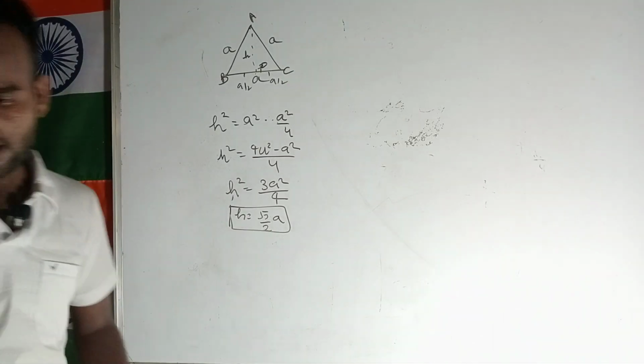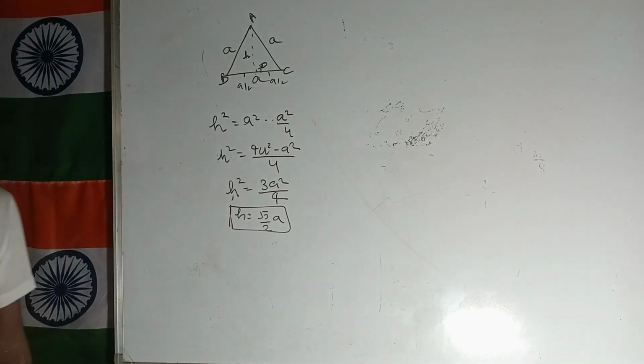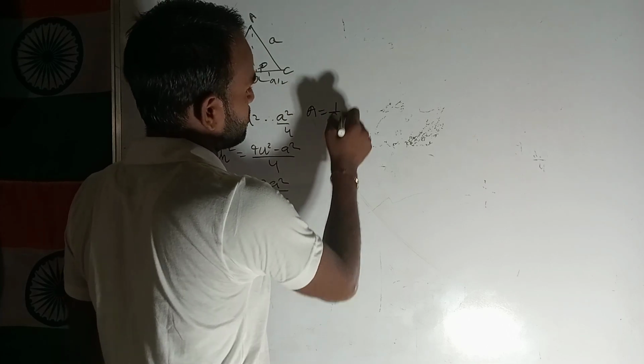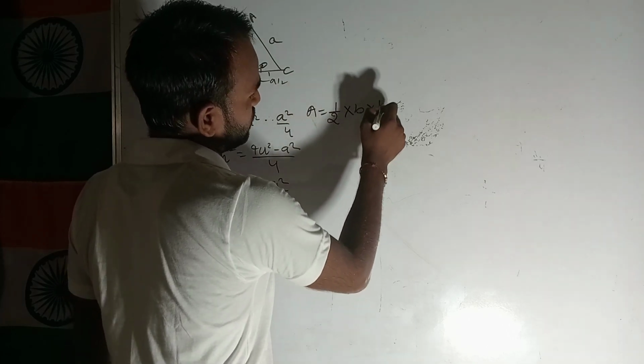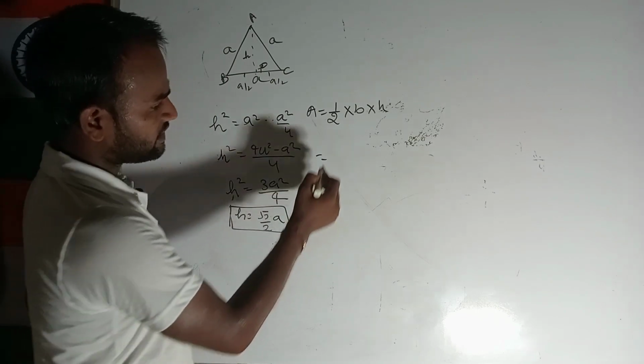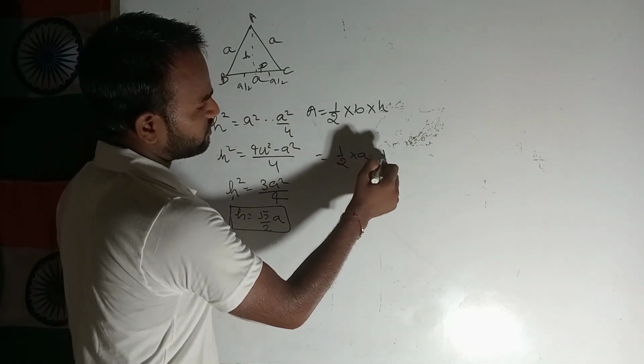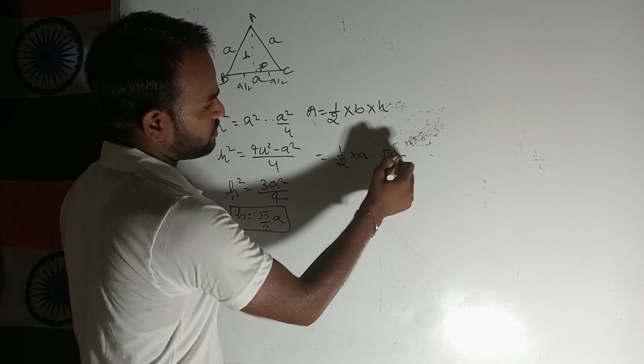So what will be the formula for this equilateral triangle? We know that the area of any triangle is half into base into height. The base is A and the height equals root 3 by 2 into A.